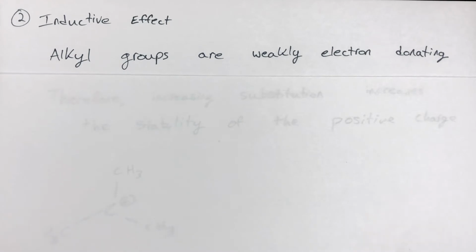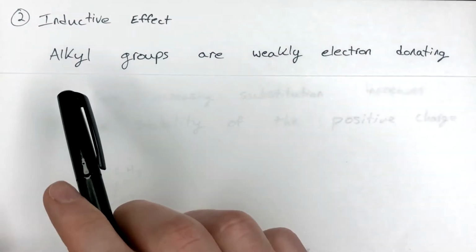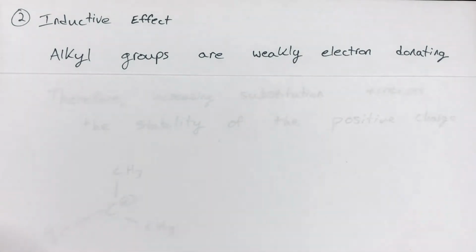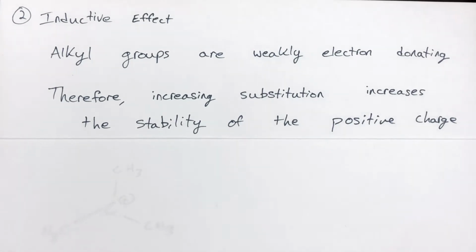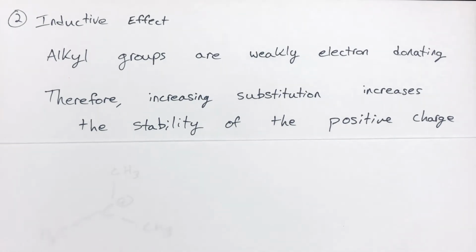So now, getting back to carbocation stability, using the same idea of the inductive effect, alkyl groups are known to be weakly electron donating. So because of that, if you increase the substitution at a carbocation, you will get more of this weakly electron donating effect towards the positive charge, which in essence distributes the positive charge amongst more atoms, and that is in general more stabilizing.